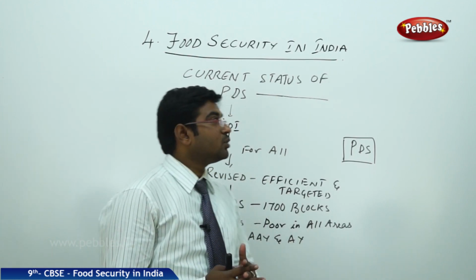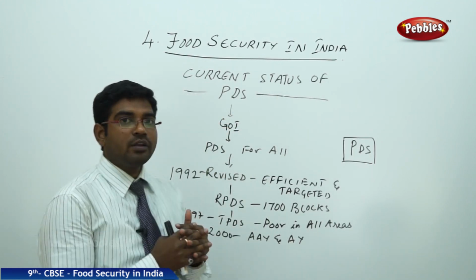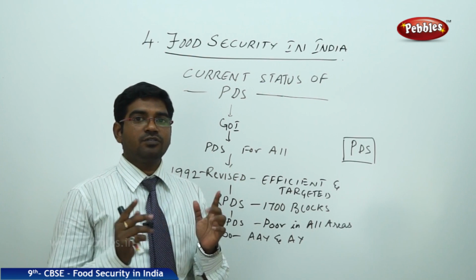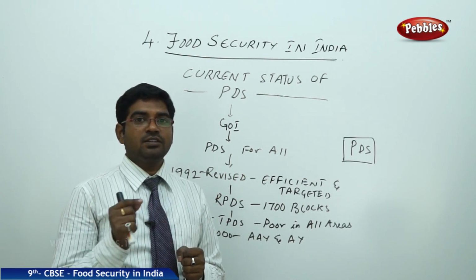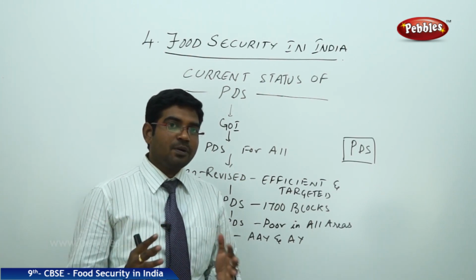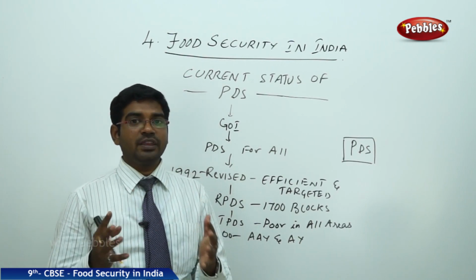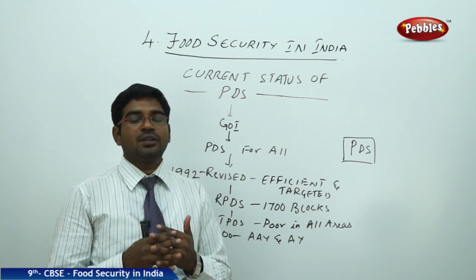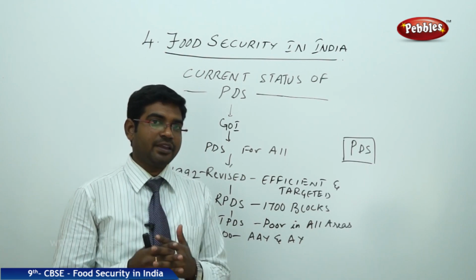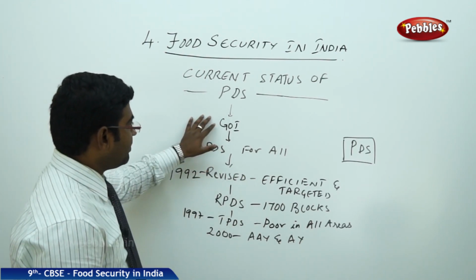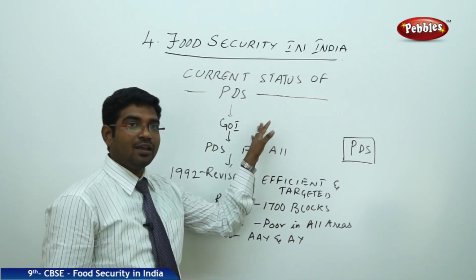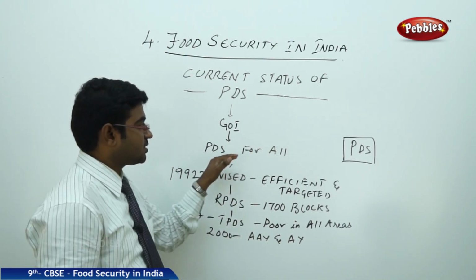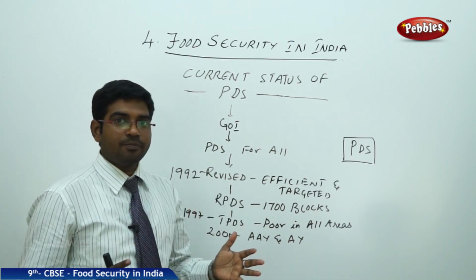Now, moving on to understanding the current status of PDS, the public distribution system. Our public distribution system has been very effective in the present decade. The Government of India initiated the public distribution system initially for all.